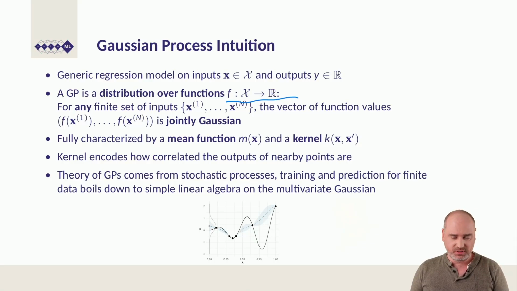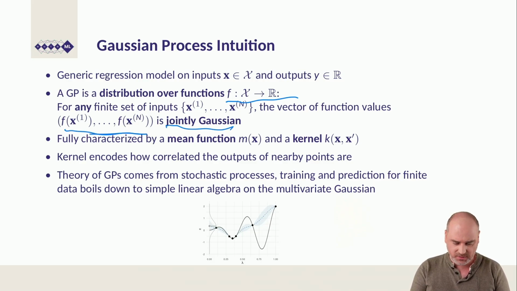For a Gaussian process, one of its defining properties is that for any finite set of input points, x1 to xn, the vector of modeled function values is actually jointly Gaussian.